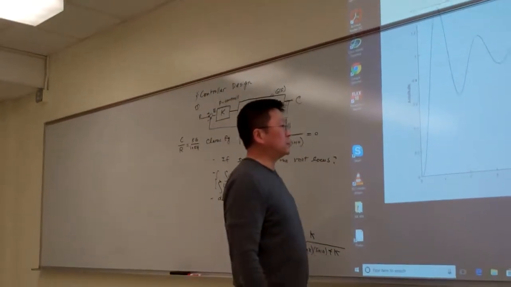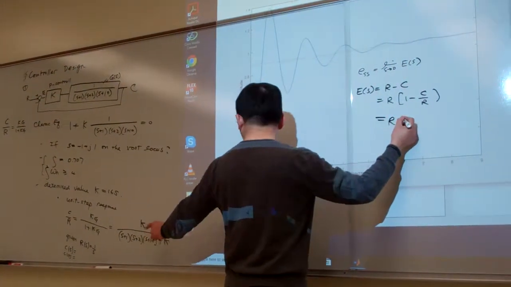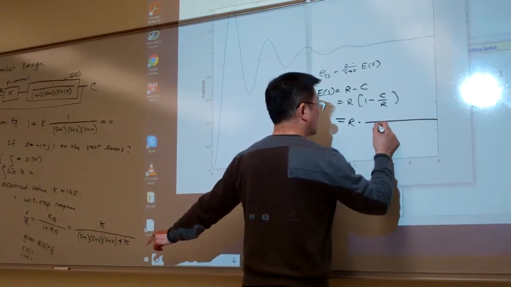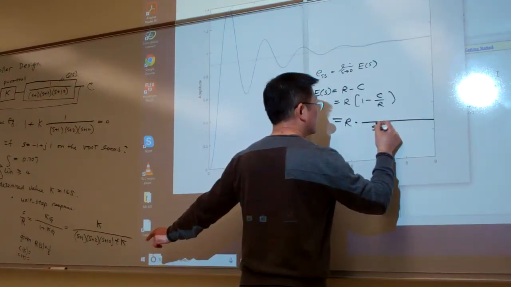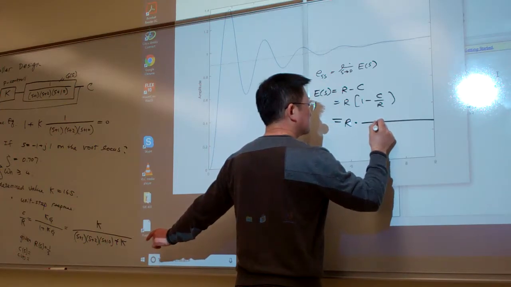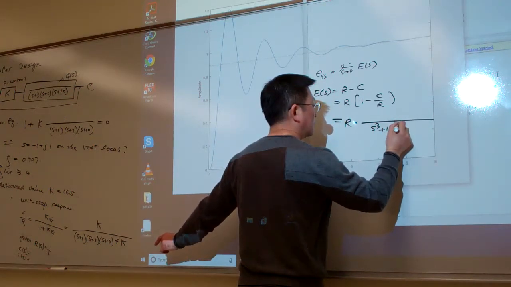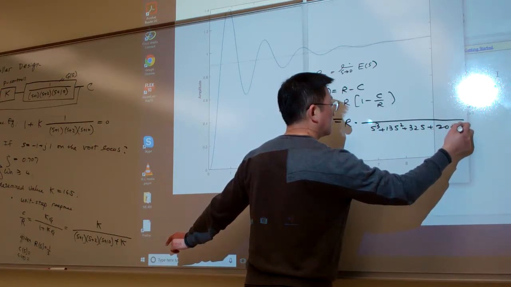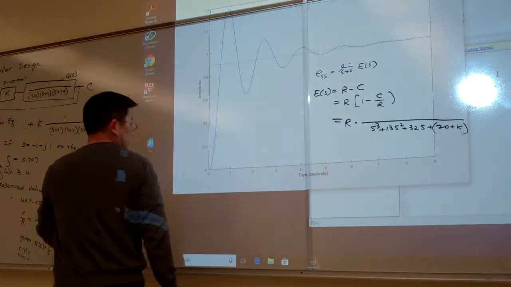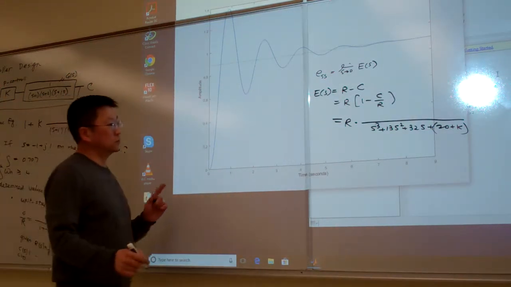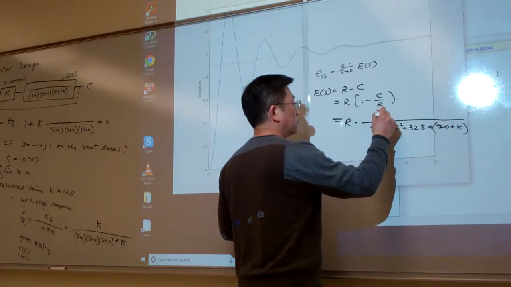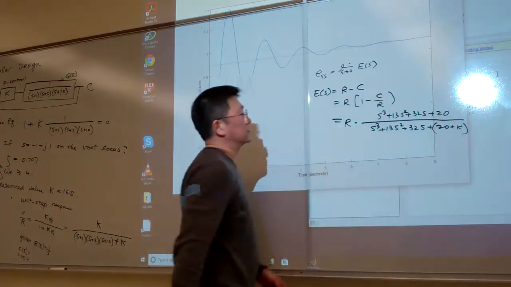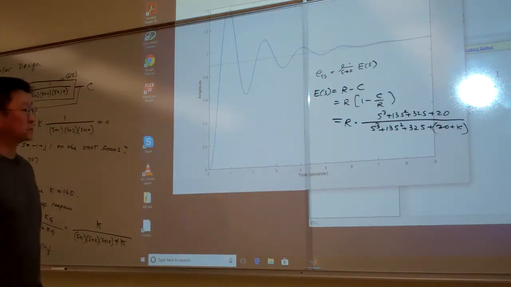So E should be equal to R times 1 over, and then 1 minus that one, so that should be something like this. Okay, hopefully my calculation is right.